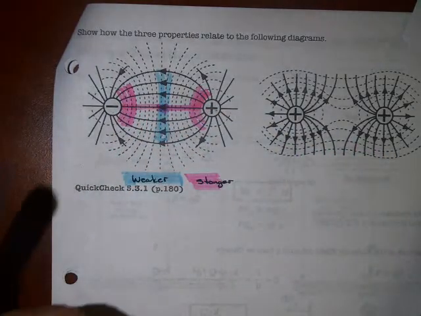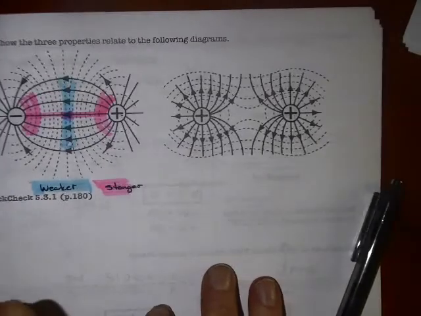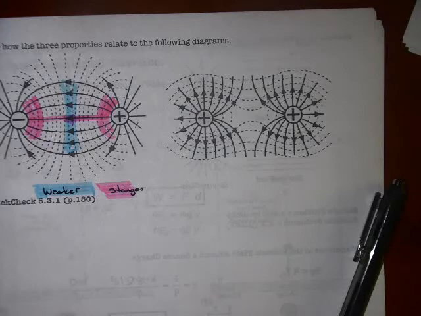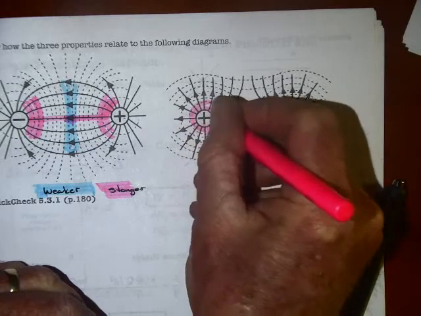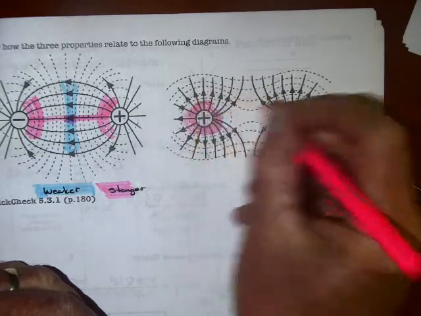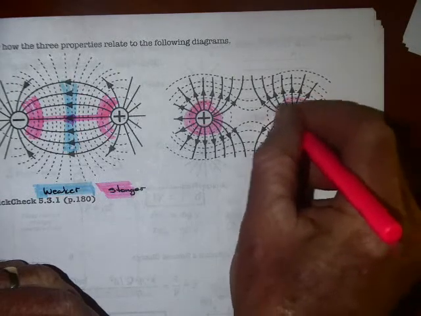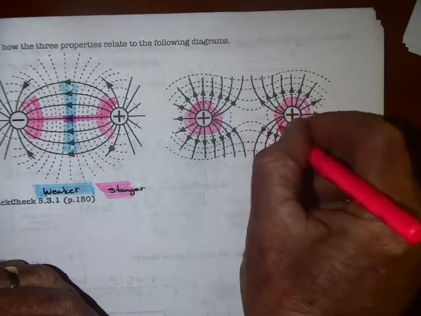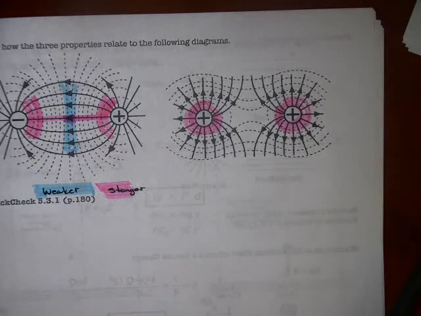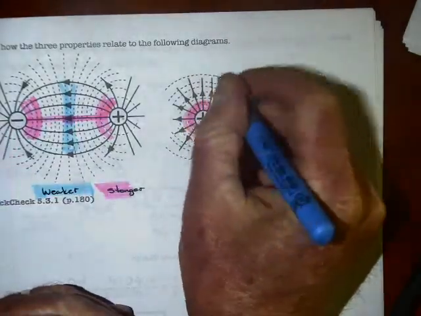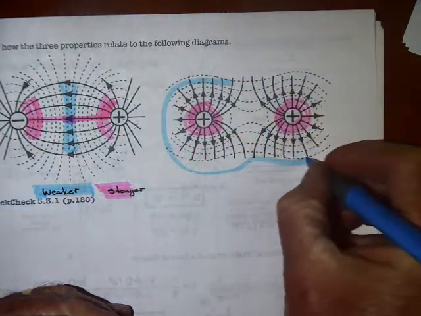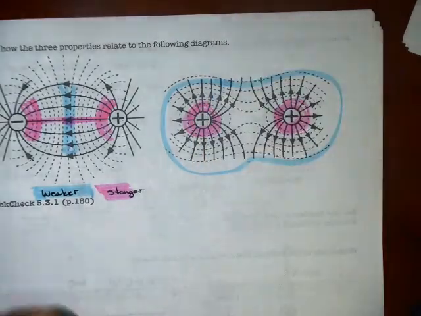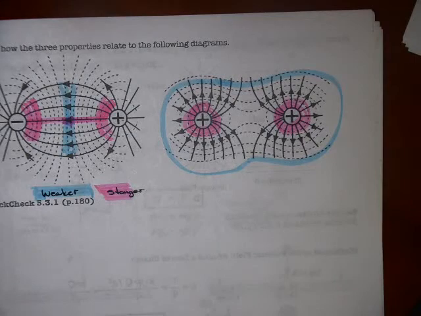When we look at two like charges, everything is the same. It's stronger closer to the source. Lines are drawn closer together in both cases. And as you go out, the lines spread out and they get weaker farther out, and basically there's less directionality here.